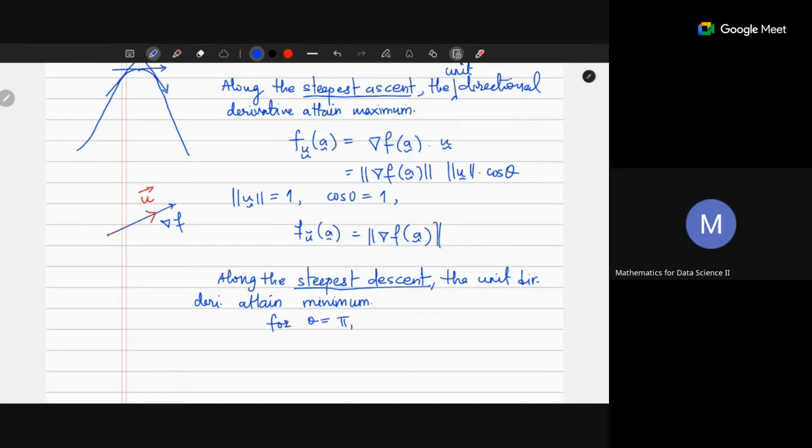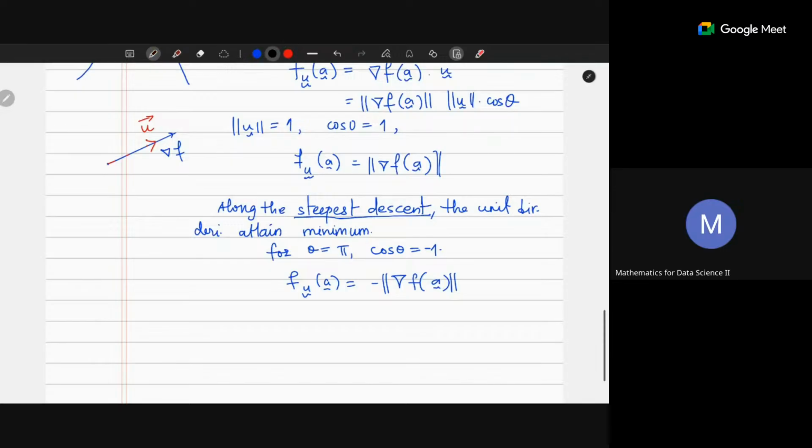For theta equal to pi, cos theta is -1, and that's when you achieve the minimum value, which will be minus the norm of the gradient. If I try drawing it, this is the gradient, then the unit vector is this.